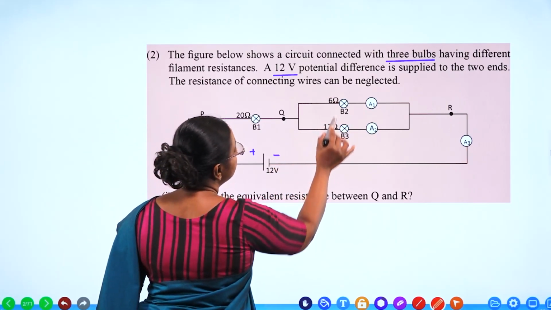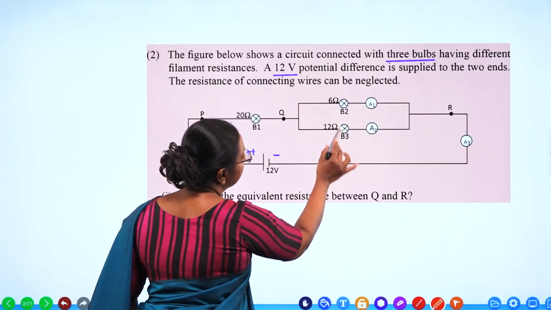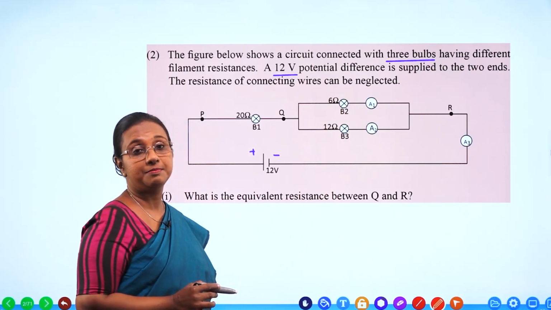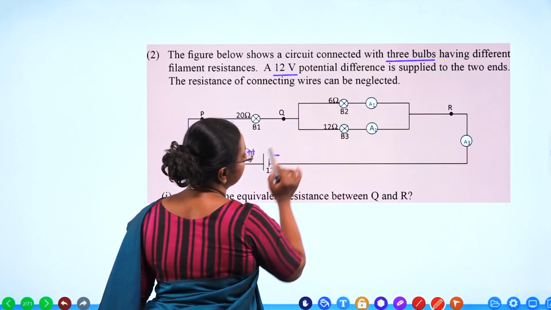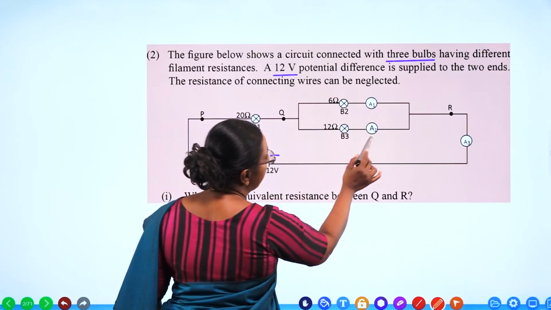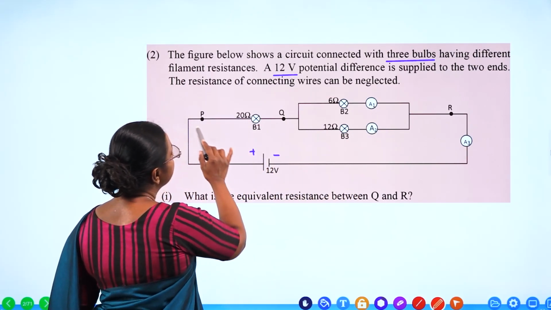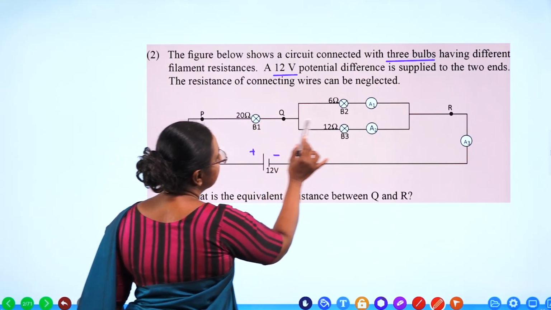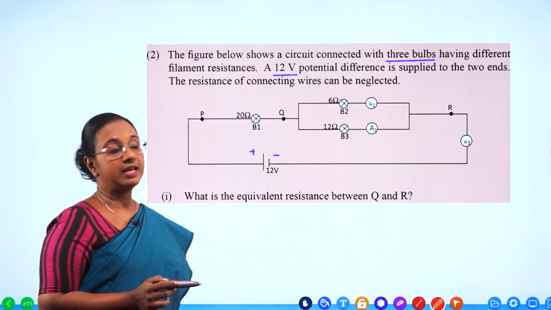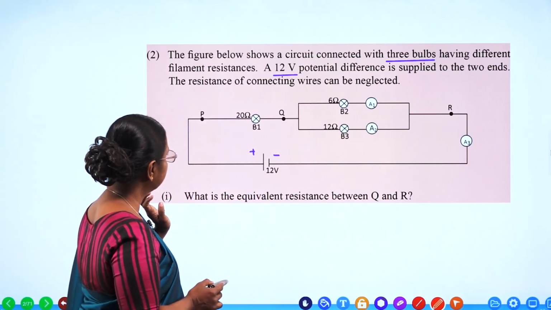Why? These 2 bulbs, you can see here B2 and B3, are combined in a parallel combination. And then there is ammeter 1 to measure the current passing through B2, ammeter 2 to measure the current passing through B3. And you can see this particular bulb B1 is connected in a series combination with these 2 components. Is that clear?